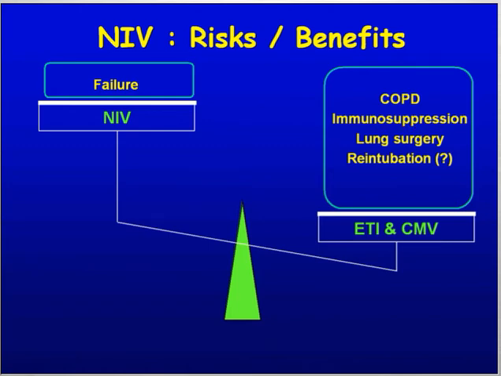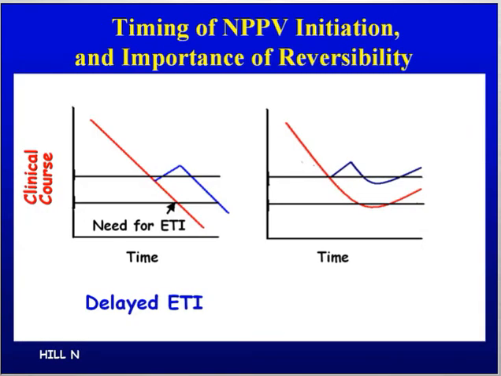We know that they are at extremely high risk of infectious complications if they go to mechanical ventilation and sedation in the ICU. Therefore, the balance may well be towards the NIV arm, because you really want to decrease the risk associated with mechanical ventilation.